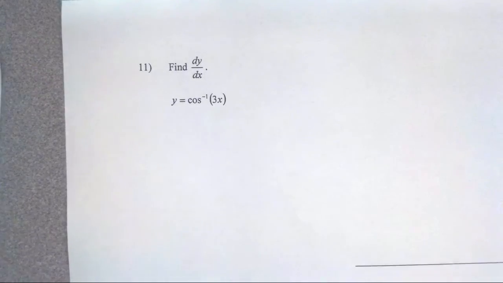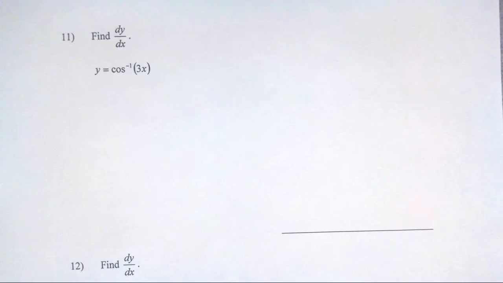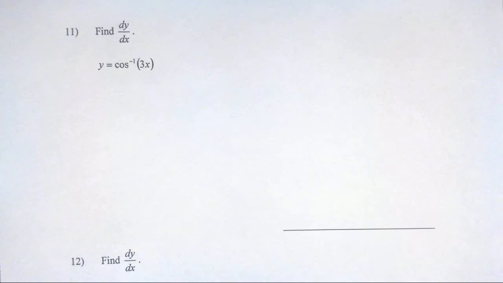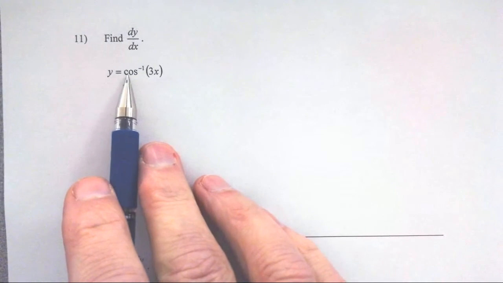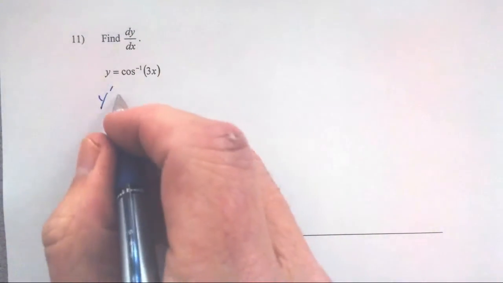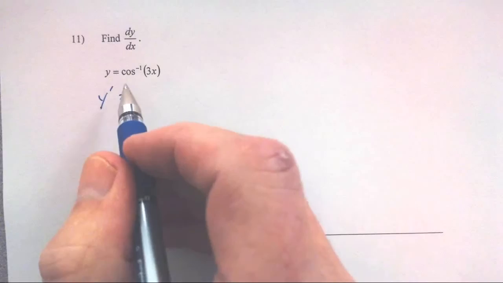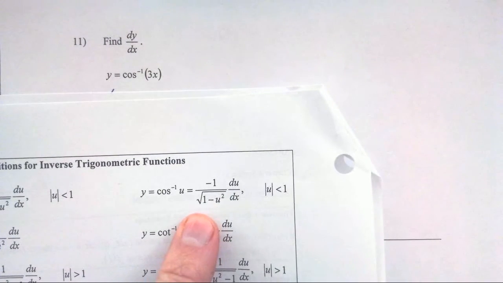Number 11. We're now finding another derivative. Truthfully, since we got the formulas on these, we should get through these, provided we get through the simplification. And sometimes there's a fair amount to do once we're done with just the derivative process. So dy dx, y prime, I would finally answer that with dy dx. Cosine inverse, negative 1 on the square root of 1 minus the argument squared.